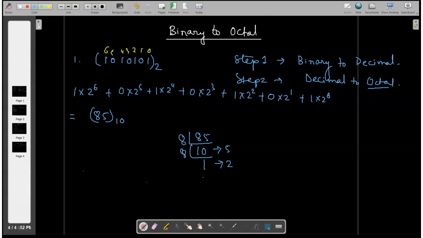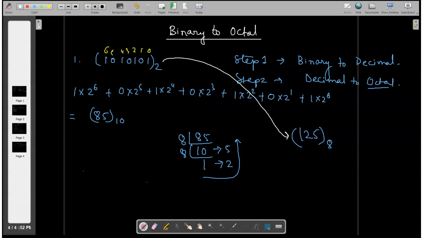From MSB to LSB, 125. So the answer will be 125 and the base will be 8. This is the octal equivalent of this binary number.